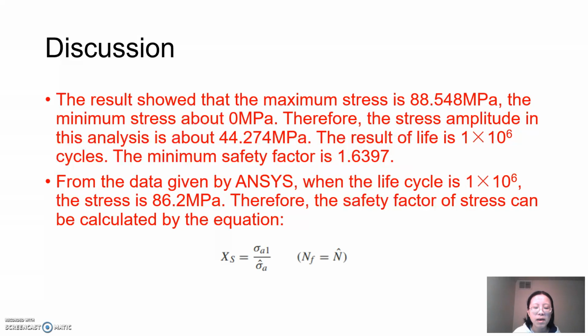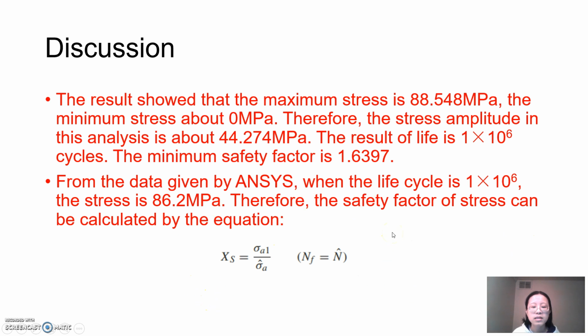From the data given by ANSYS, when the life cycle is 1e6 number of cycles, the stress is 86.2 MPa. Therefore, the safety factor can be calculated by an equation like this.